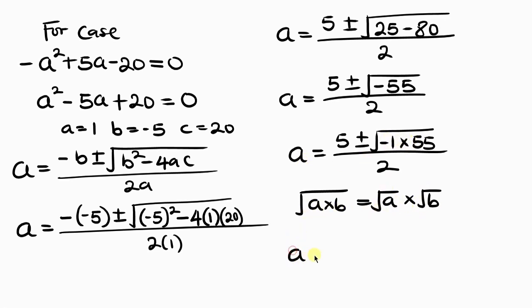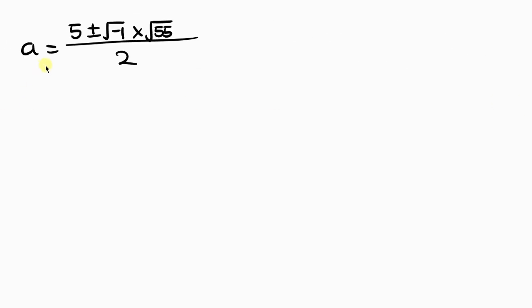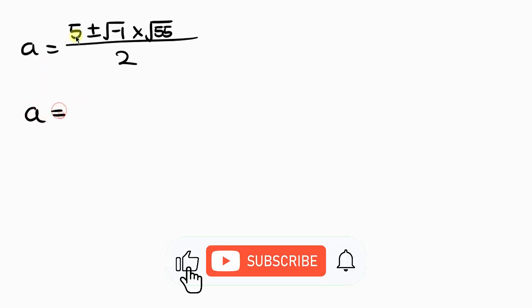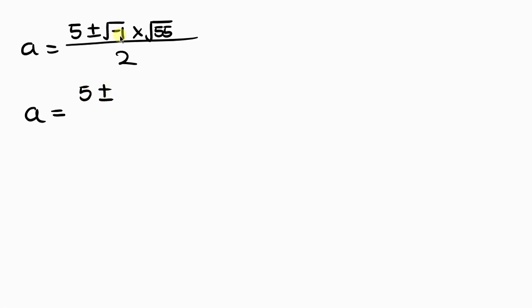So a becomes 5 plus or minus the square root of negative 1 times the square root of 55, according to this property, all over 2. Very good. So a now becomes 5 plus or minus the square root of negative 1, which is iota, times the square root of 55, so that is iota root 55, all over 2.